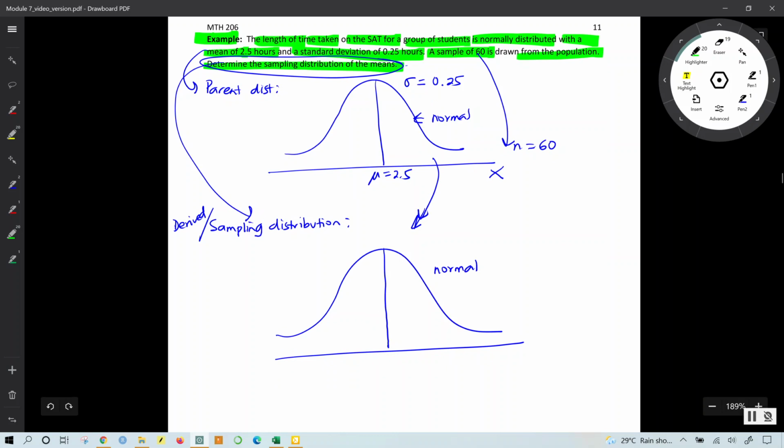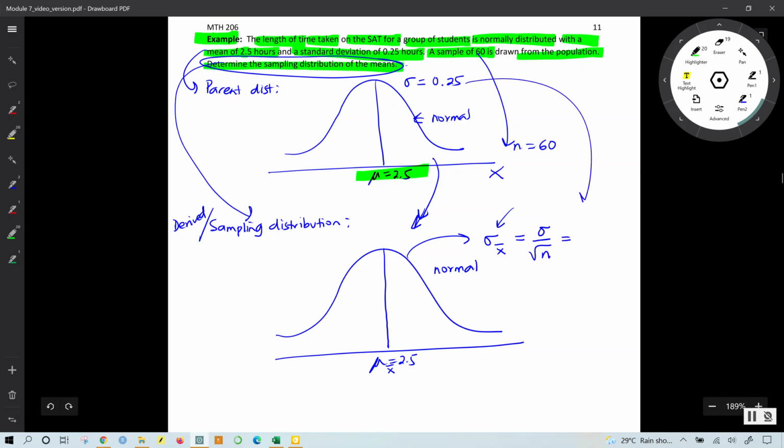They will share exactly the same mean. However, the standard deviation will differ. So this is the mean of the sample mean, and this is the standard deviation of the sample mean, also called the standard error, and it is equal to the population standard deviation divided by the sample size.